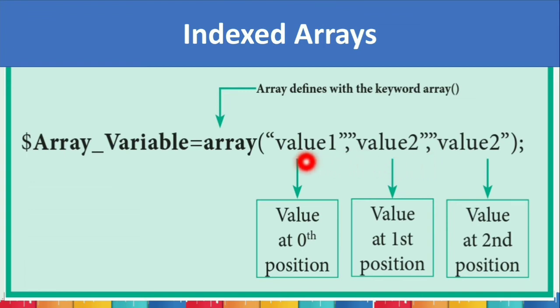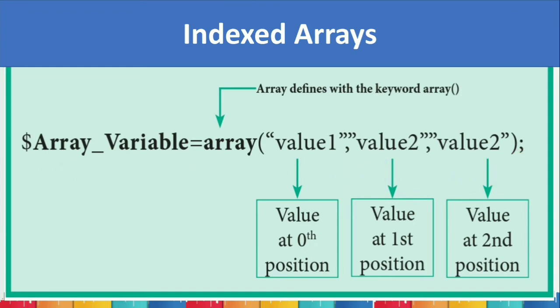If the value is a string, a combination of characters or alphabets, then you have to write it inside double quotes. If it is a numeric value, then the double quotes are optional, not compulsory. Finally you have to end with a semicolon. This is the end of this particular line.